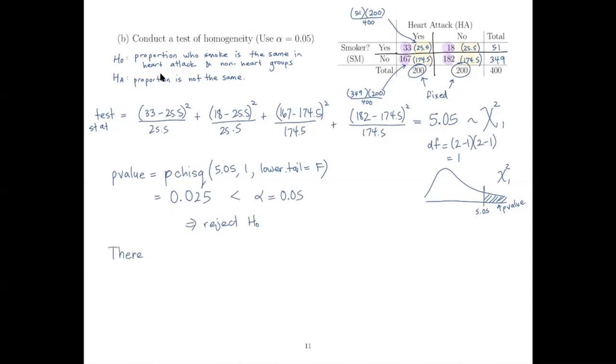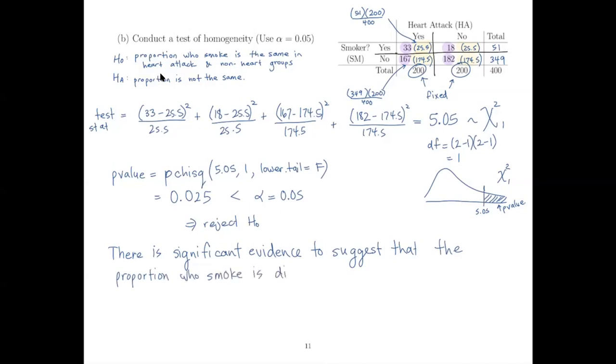So I'm going to conclude here there is significant evidence to suggest that the proportion who smoke is different between heart attack victims, patients, maybe I'll say patients, and those who have not had heart attacks.